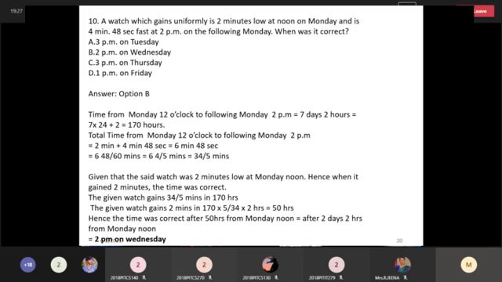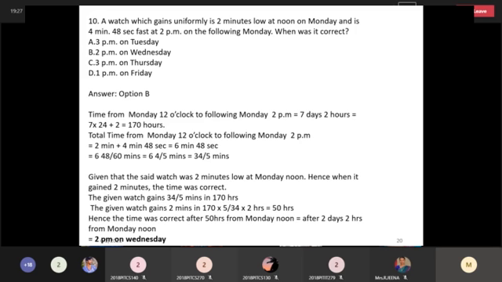If you calculate the total gain from Monday to the following Monday, from 12 o'clock to 2 p.m., it is 2 minutes plus 4 minutes 48 seconds, totally 6 minutes 48 seconds. That means 6:48 divided by 60 minutes is equal to 6 4/5 minutes, that is 34/5 minutes.